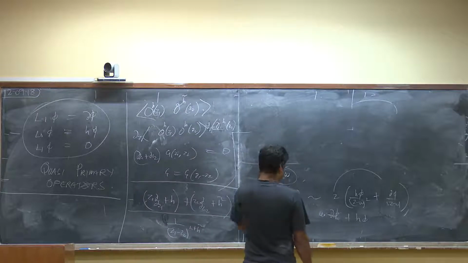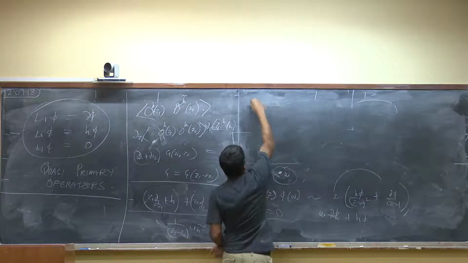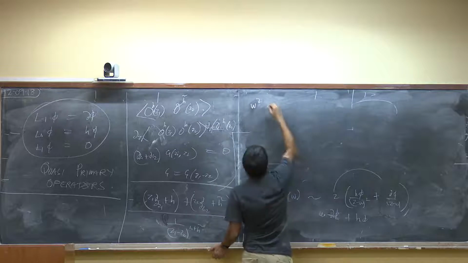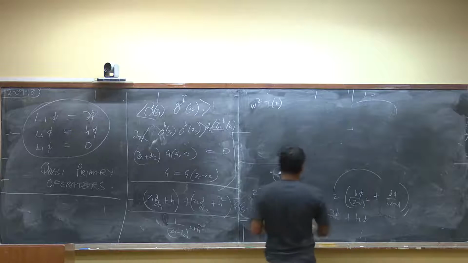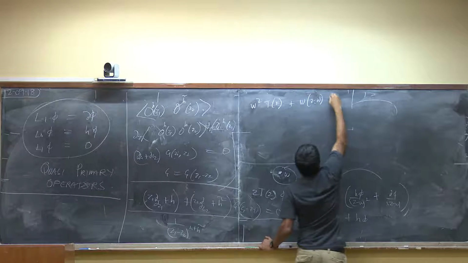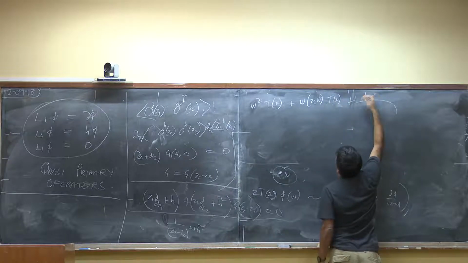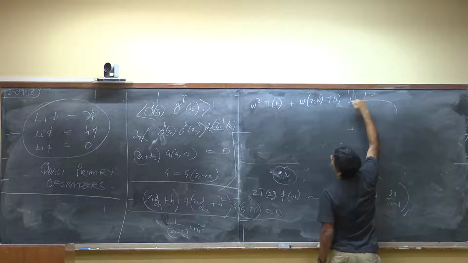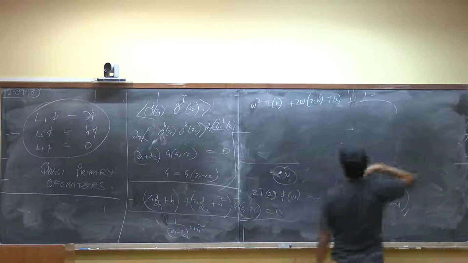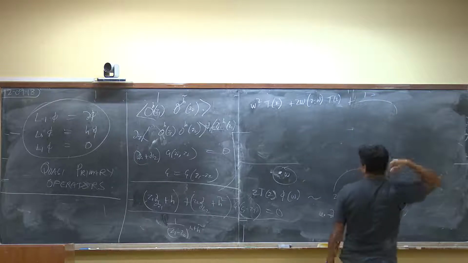So what we want to do now is, exactly, we'll Taylor expand this. There's a W squared T of Z plus W (Z minus W) T of Z plus 2W (Z minus W), thank you, plus second derivative.